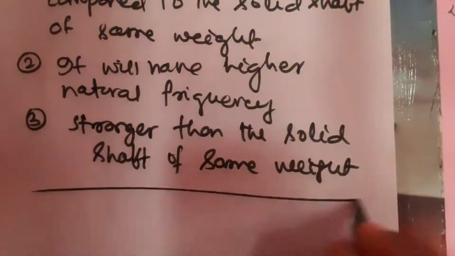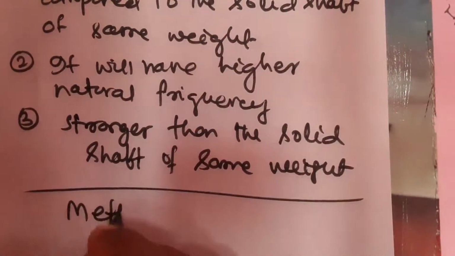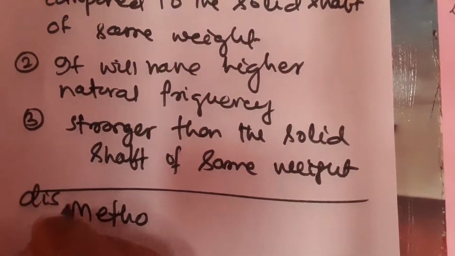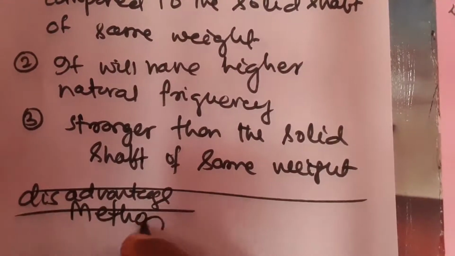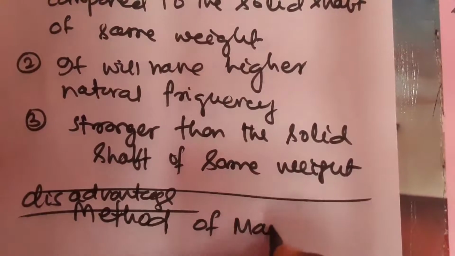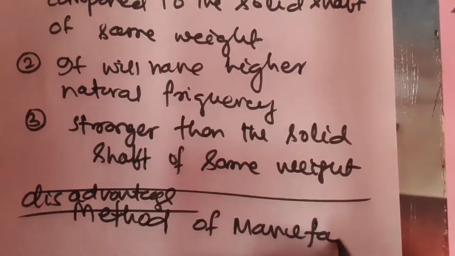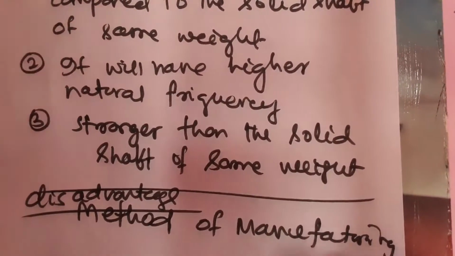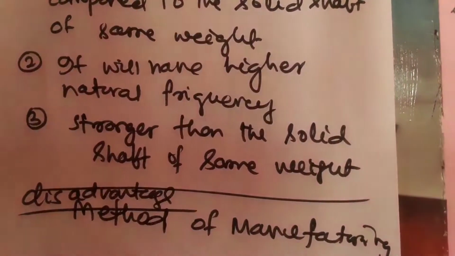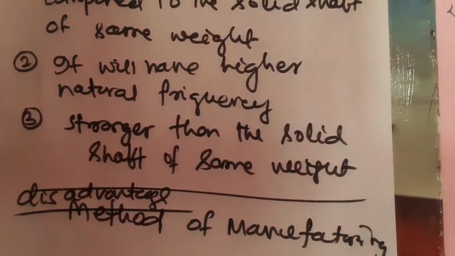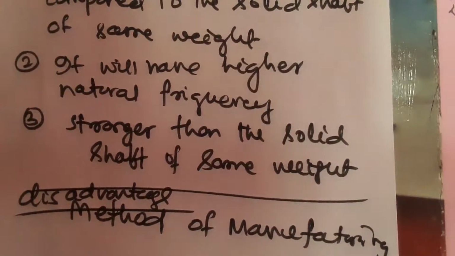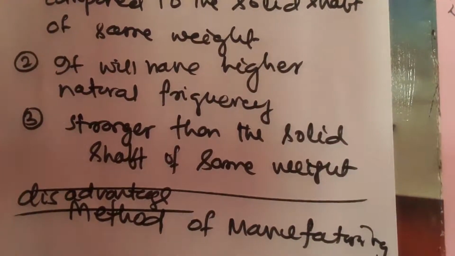But the disadvantage is the method of manufacturing. The hollow shaft is costlier than the solid shaft, because the diameter of the hollow shaft is more than that of the solid shaft. Then it also requires more space.